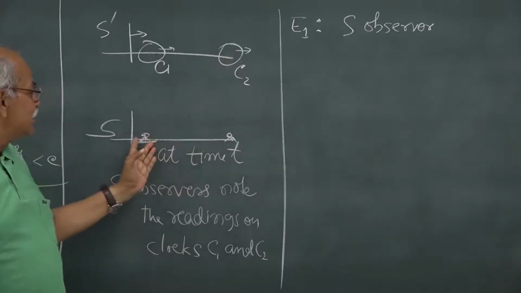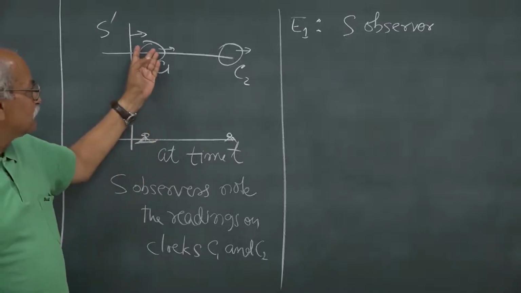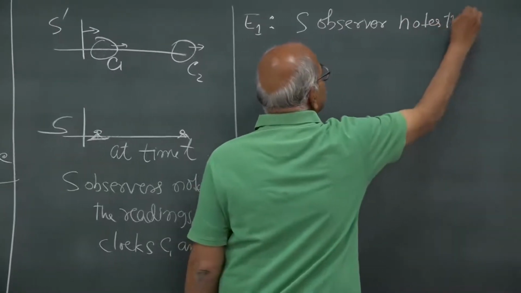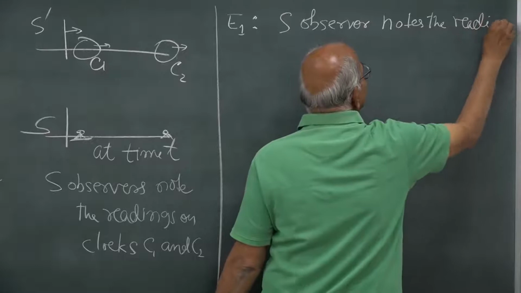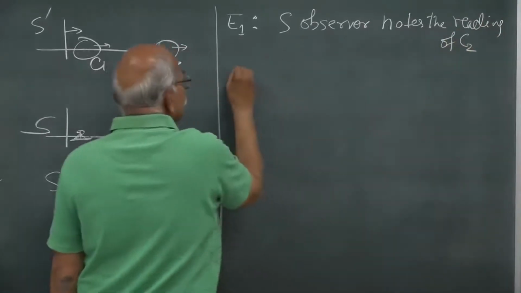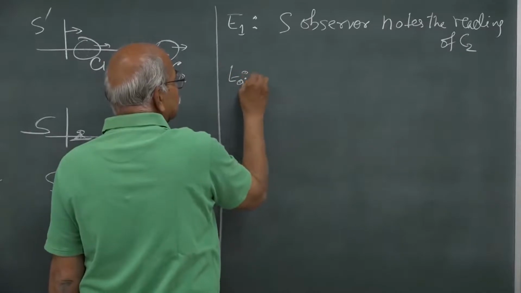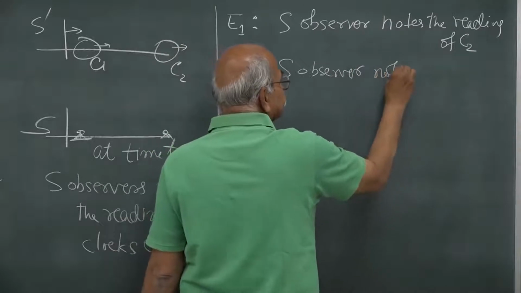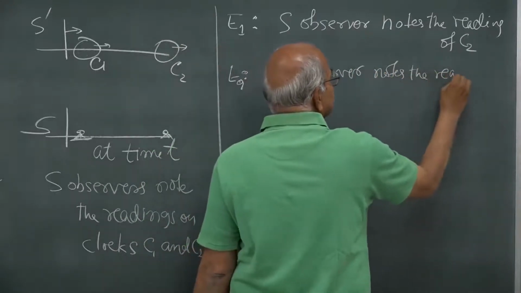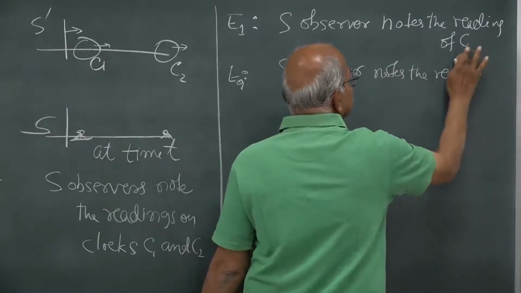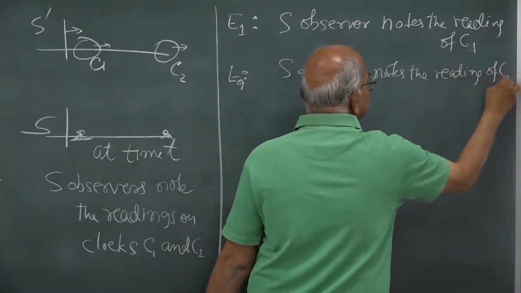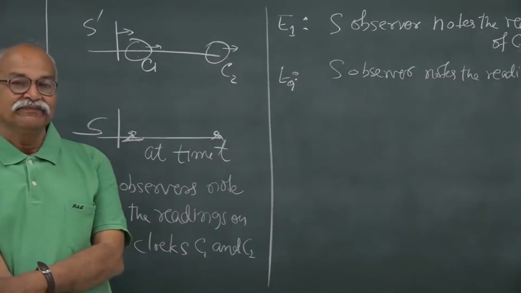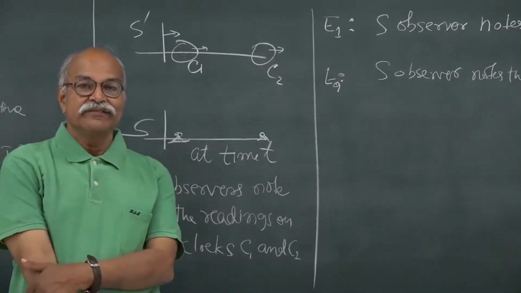So, event 1 is that this observer notes the reading of this C1. And similarly, E2 is once again an S observer, maybe a different observer, who notes the reading; this is C1 and this is C2. From the S frame, what are the coordinates?